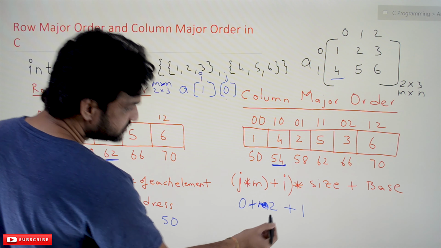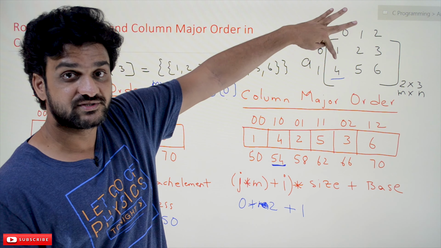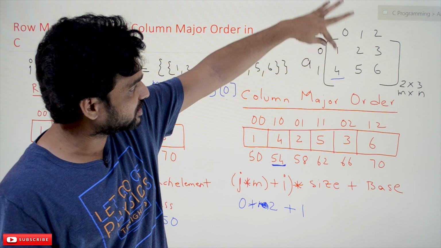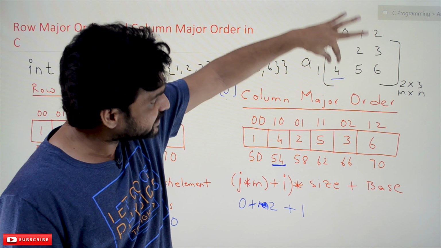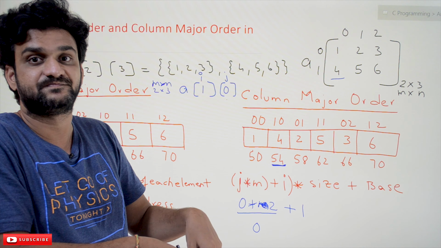1. So what this 0 into 2 represents is, in column major order, in order to get this element, we have to cross 0 columns. The value is present in the 0th column itself.